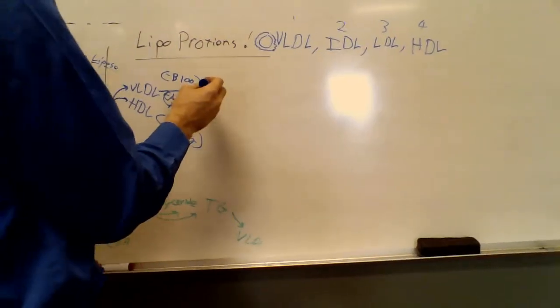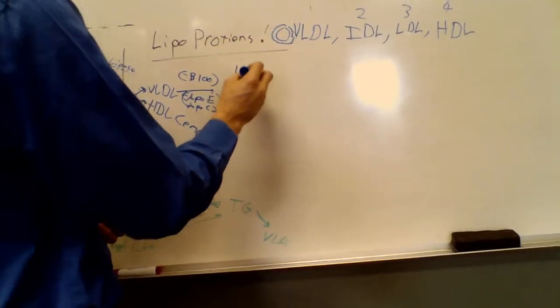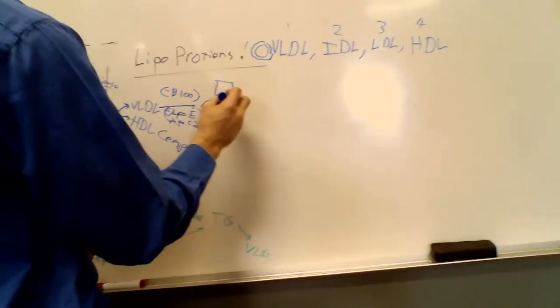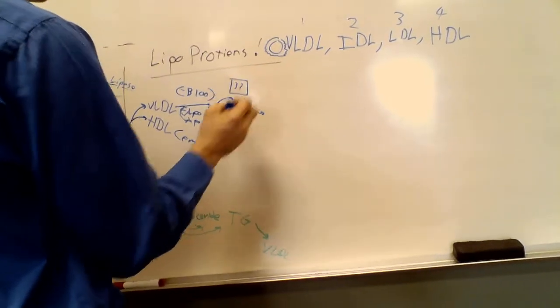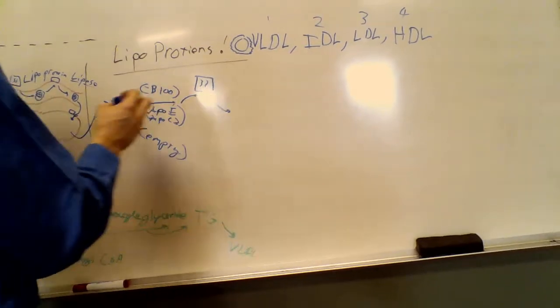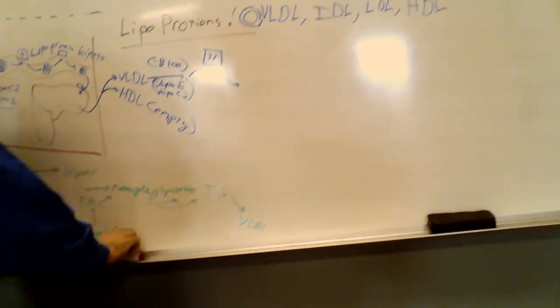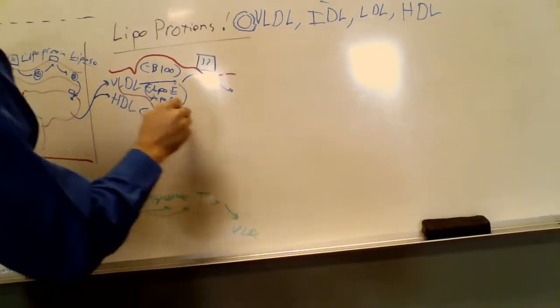And VLDL goes around and does pretty much the same thing as chylomicron. It visits cells, and they get triglycerides. And it's the ApoE binding, as I recall. So let's go ahead and put this inside of a bloodstream.